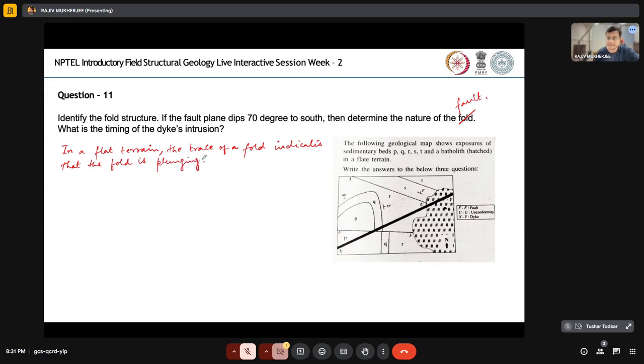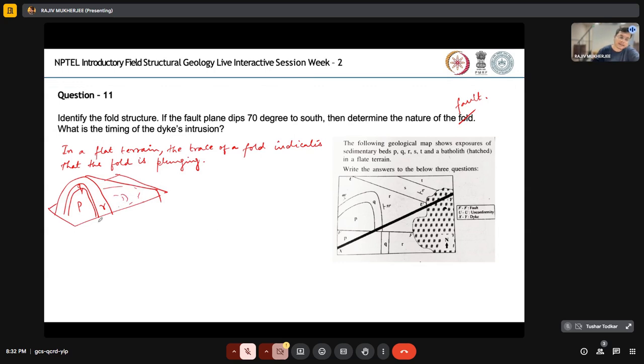Right. So if I consider this is R, this is Q, and this is P, the entire fold is plunging like this, and in the cross section I get the folded shape, right?